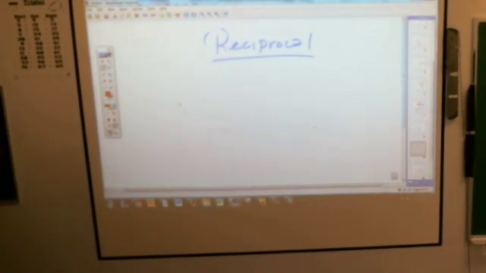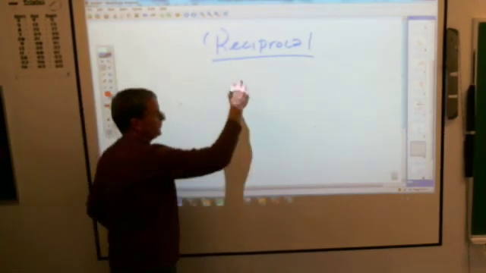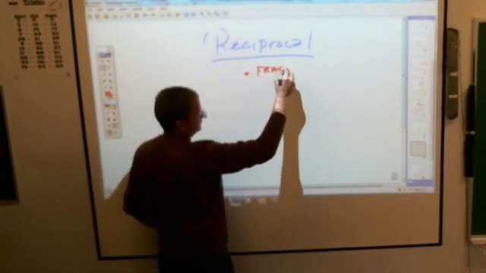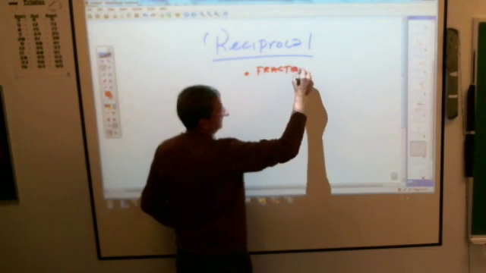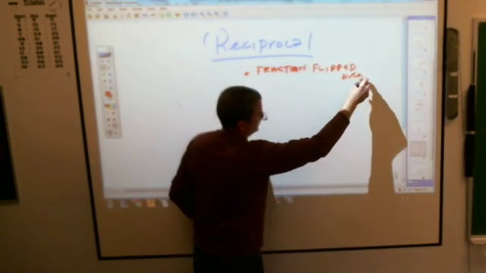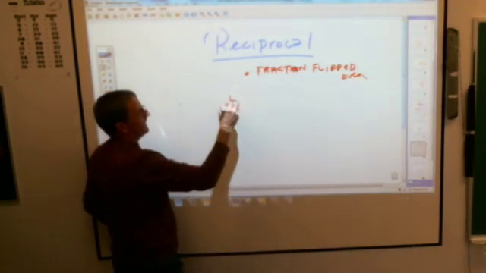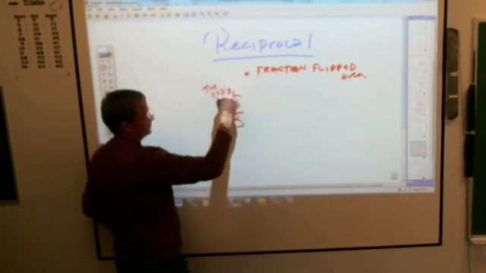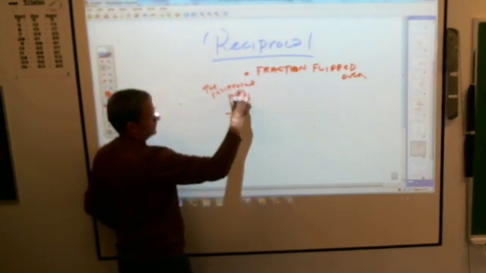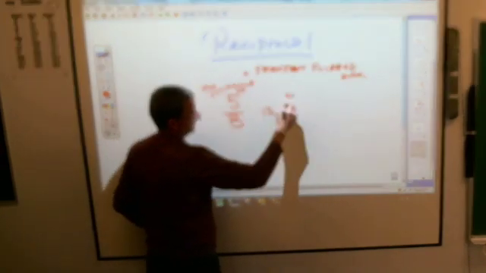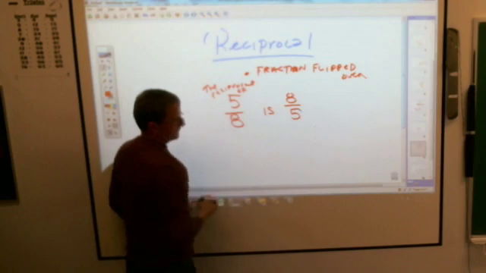The word is reciprocal, and it's only going to be a definition we're going to use today. A reciprocal is simply a fraction flipped over. If you have 5/8, the reciprocal of 5/8 is, you just flip those numbers around, it is 8/5.